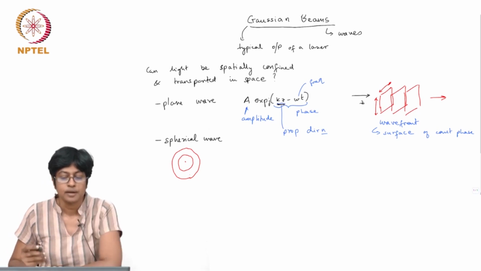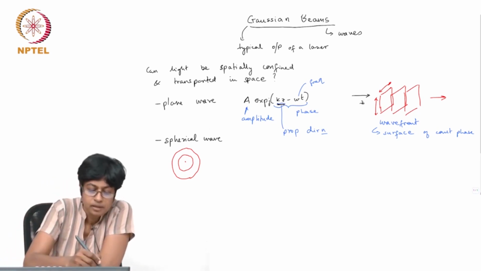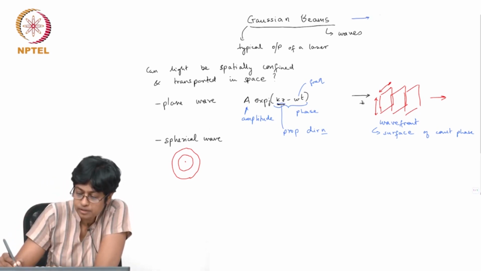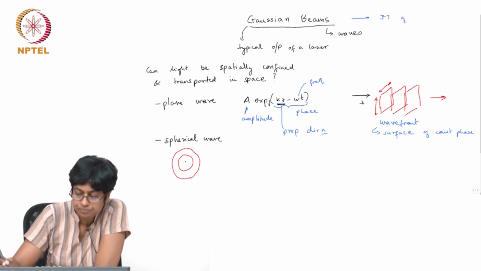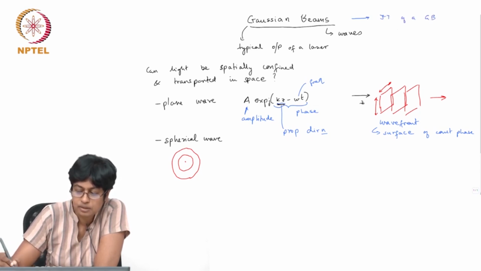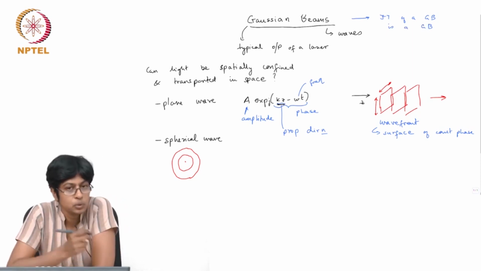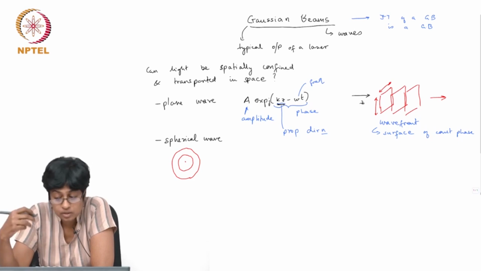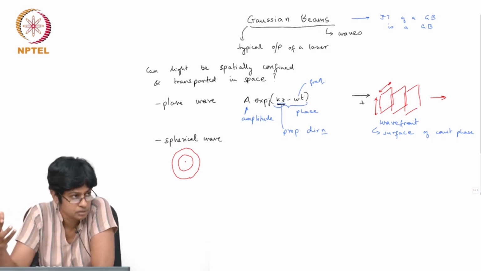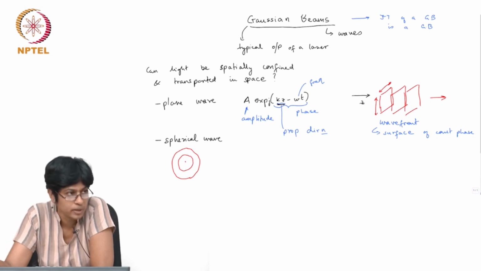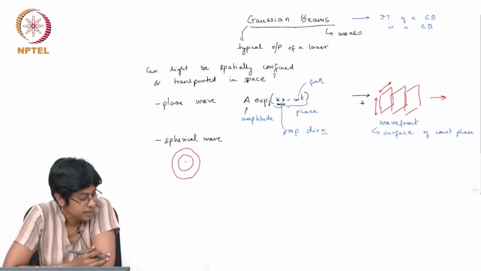Okay, so it turns out that the Fourier transform of a Gaussian beam is going to be a Gaussian beam again. And this is important when you're looking at propagation, because I can use the Fourier transform operation to understand what happens to a wave as it propagates. So this is a nice result. This is a nice fact.